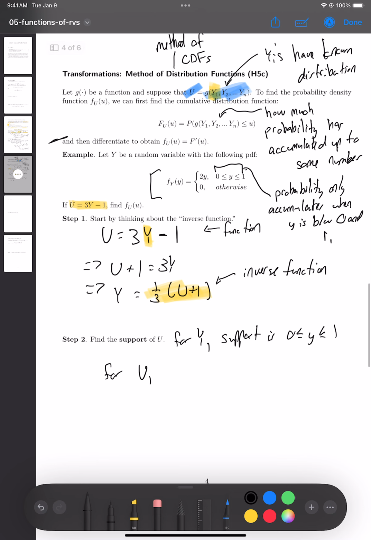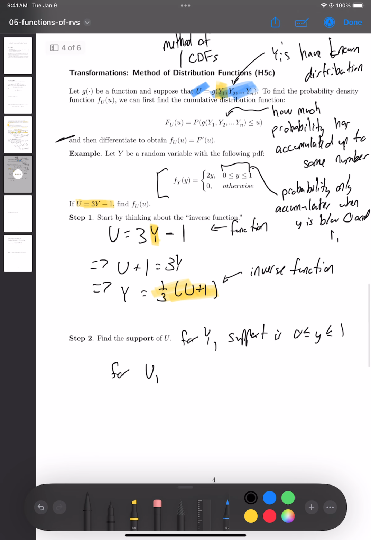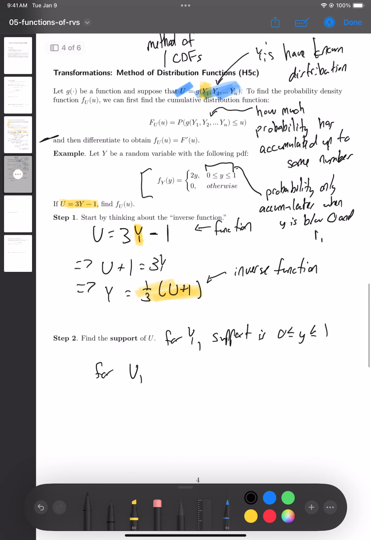For u, though, what we're going to end up doing is making use of that inverse function that we just calculated. So for u, if the support of y is between 0 and 1, then 1/3 times the quantity u plus 1 must be between 0 and 1. From here, we are just solving this so that u by itself is in the middle.